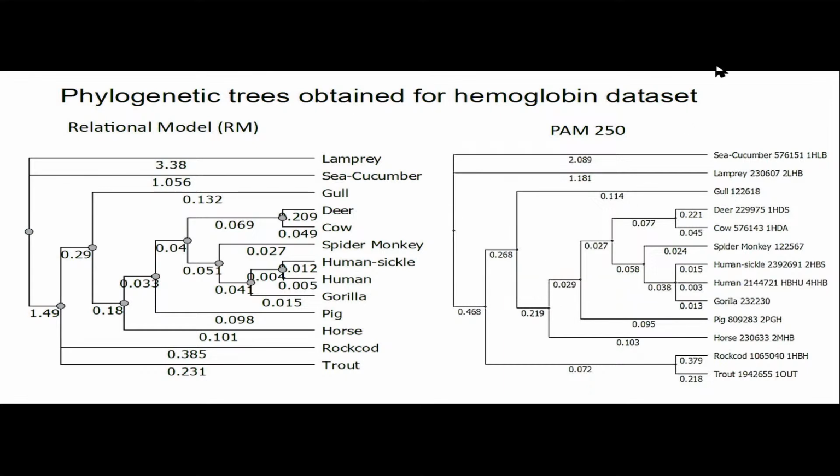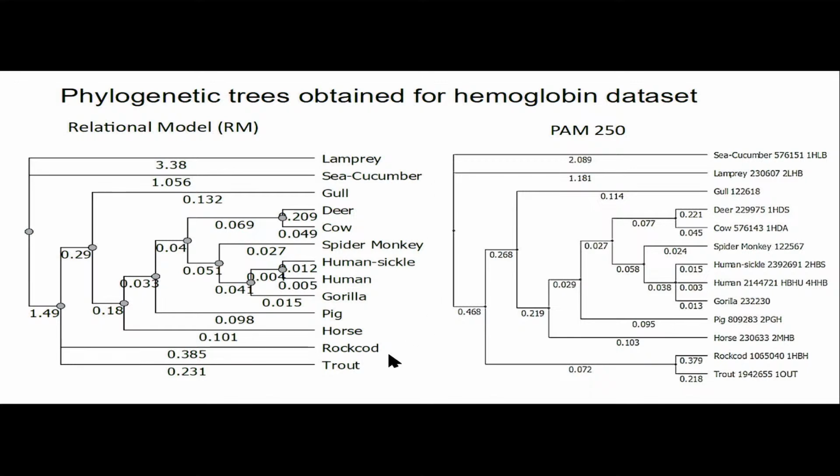And we see here the PAM250 standard matrix, empirically obtained, which is used for phylogenetic analysis. And we see here the results of the relational model on the same. The patterns are identical.